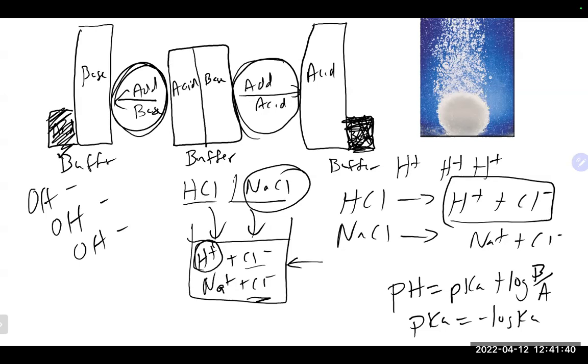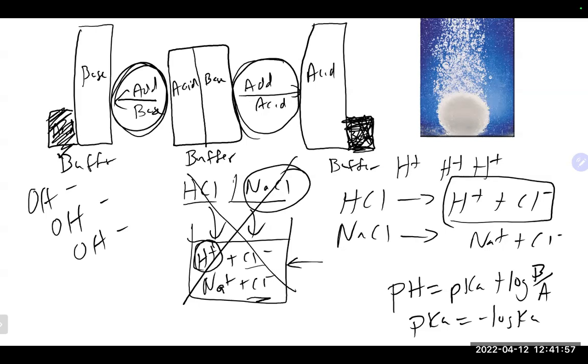So a buffer can never be made up of anything that is strong acid or strong base, because it really won't be able to set up the equilibrium and keep the acid part and the base part in solution in the correct concentration to allow it to effectively work.